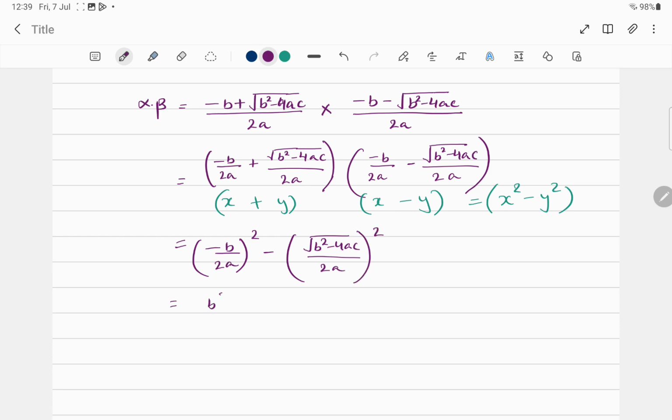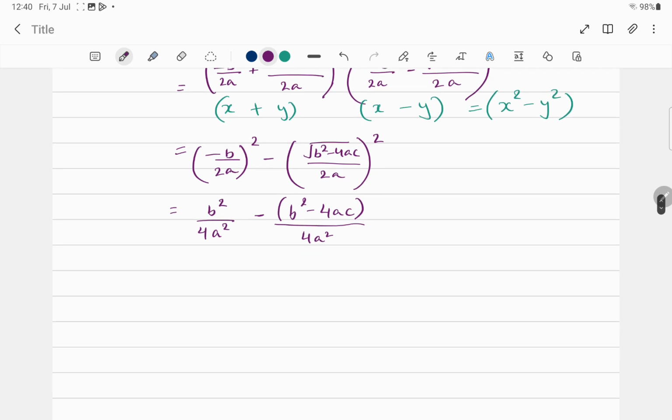If we solve it, we are left with b square over 4a square minus the square root and square will cancel. So we are left with b square minus 4ac over 4a square.